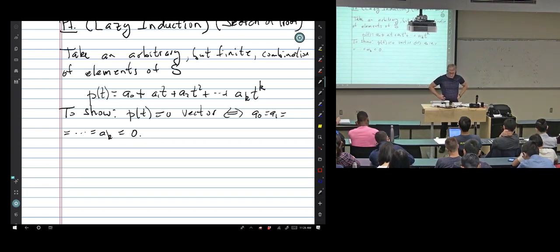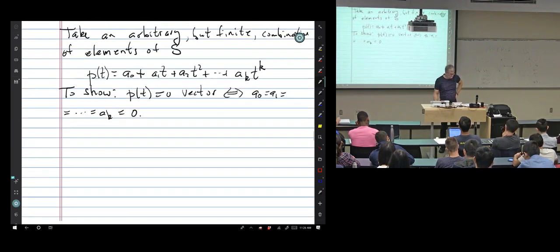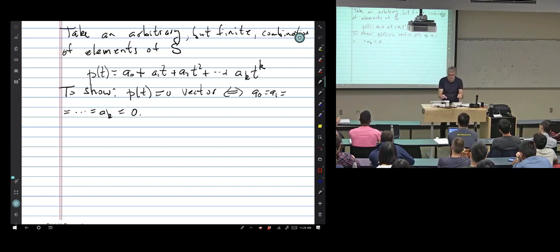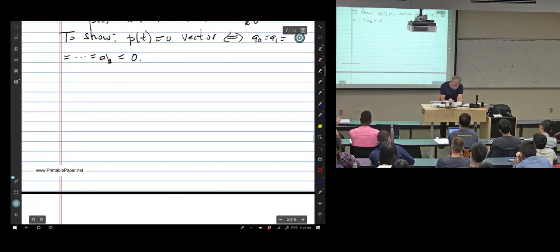Okay, now, what does it mean for a polynomial to be the 0 polynomial? It's 0 for every value of its argument t, okay? So this is absolutely crucial. What is the 0 vector?